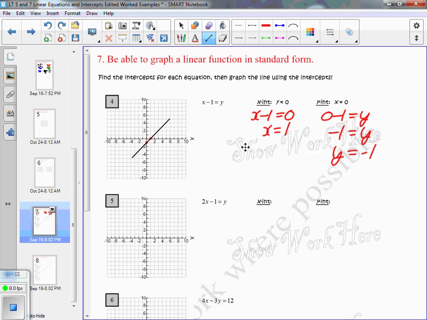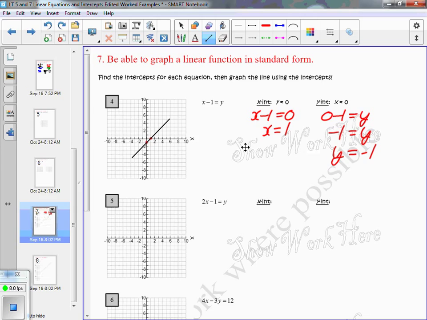Okay? So now we can get the x-intercept and the y-intercept, and we can use those to draw the graph. And like I said, that doesn't use your graphing calculator. It's probably been since Algebra 1 since you did them this way, but you probably did them this way in Algebra 1.